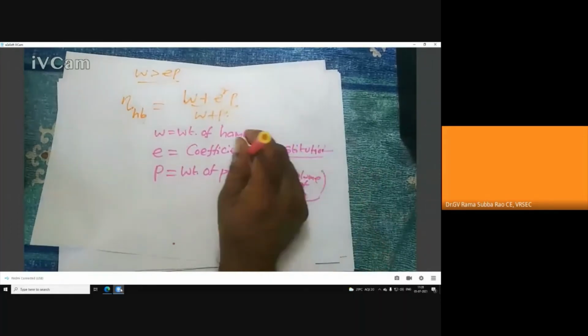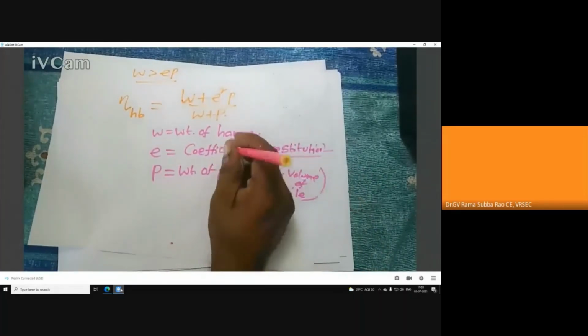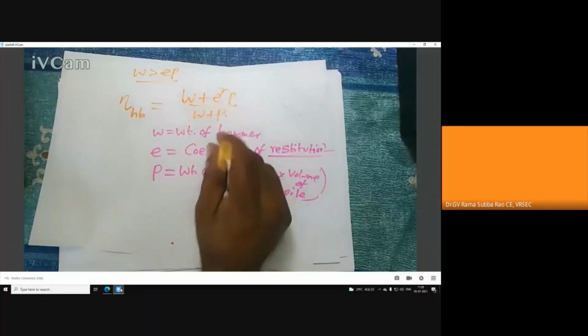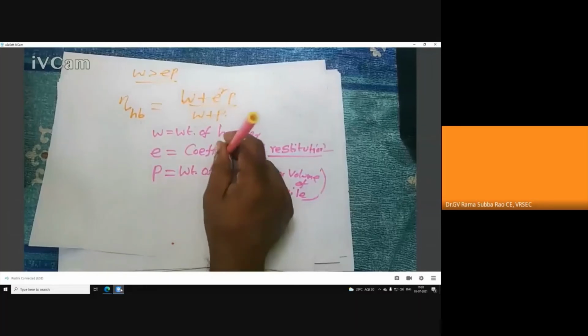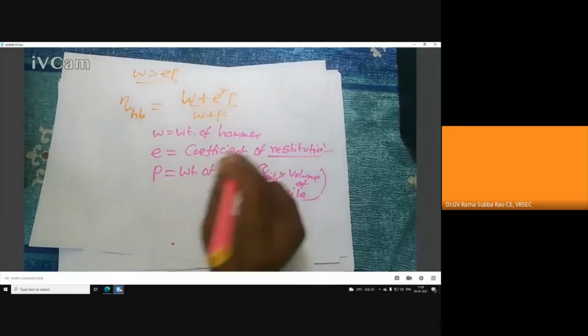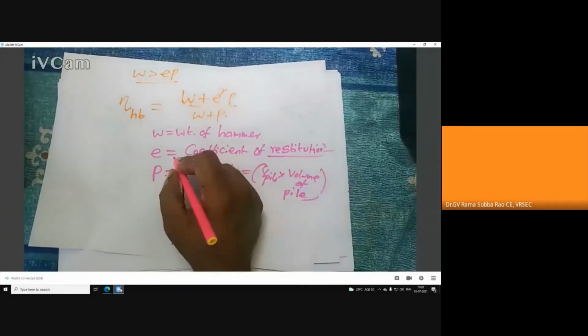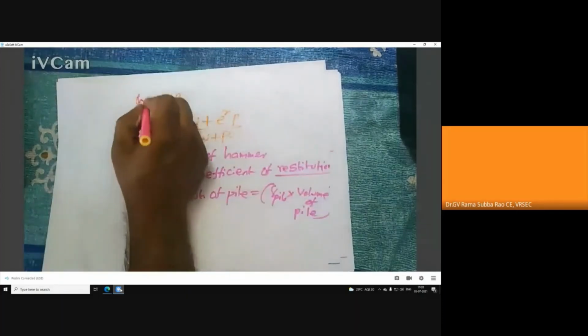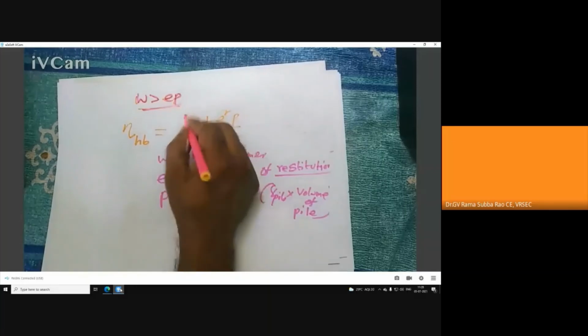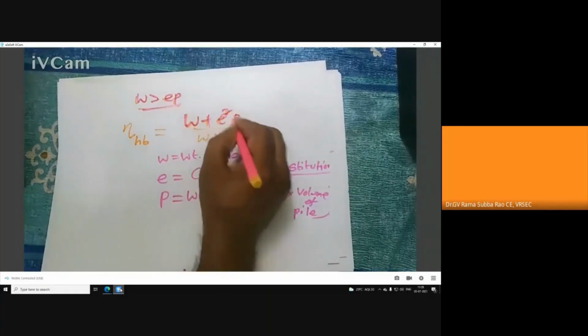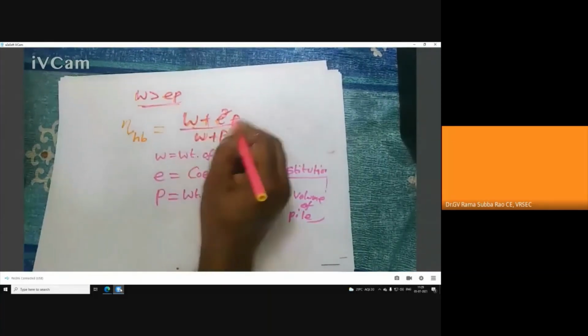When you hit the pile, sometimes there may be rebound, meaning it will come back. So E is the coefficient of restitution. As long as the weight of the hammer is greater than EP, you can use this formula: W plus E square P by W plus P. So this is a simple formula.